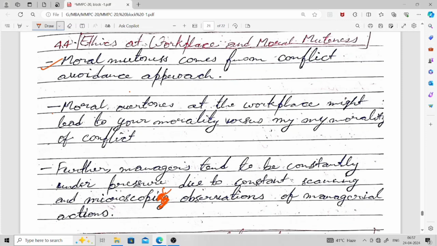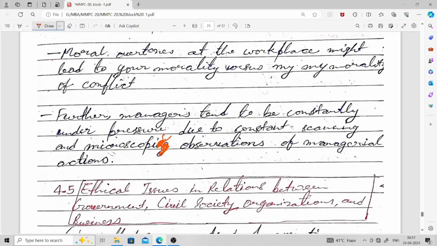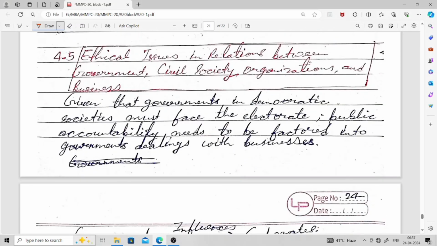So managers are under pressure due to constant scanning. It means there is always constant scanning of the behavior of managers or managerial actions. That also causes moral muteness. It means managers do not want to talk about morality or moral values.